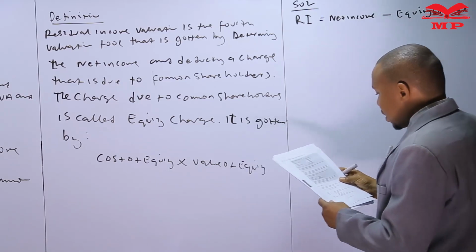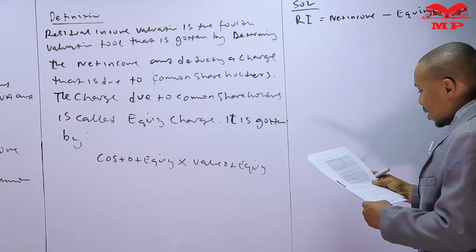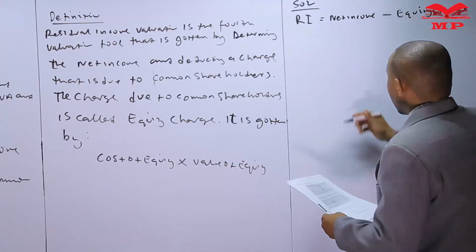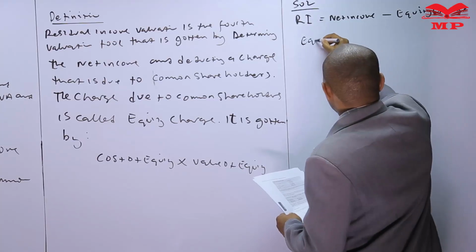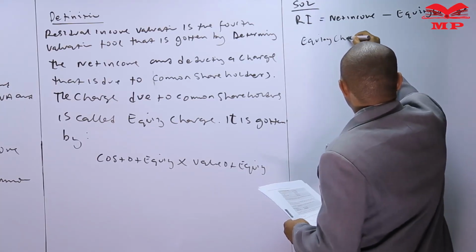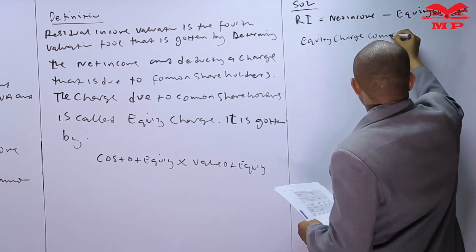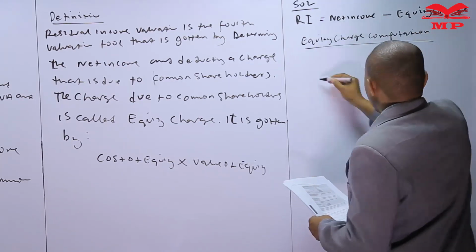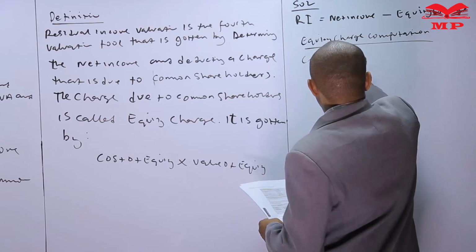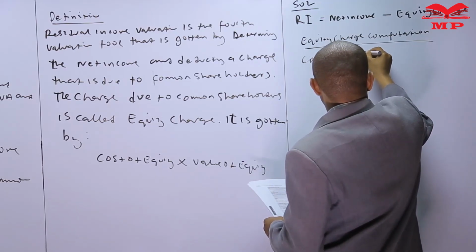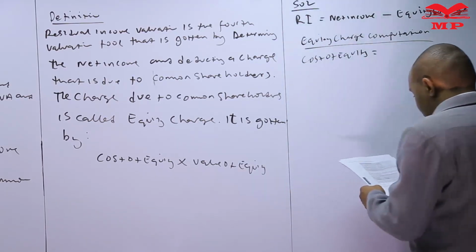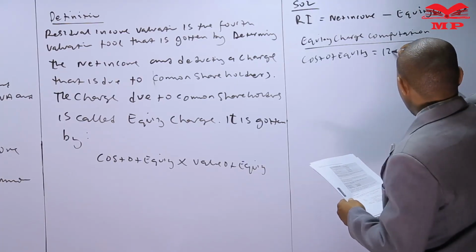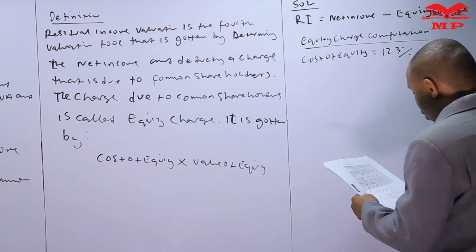Now we need to get the equity charge. The equity charge is just the cost of equity, which we've done over here, times the value of equity. So, the equity charge computation: the cost of equity is 12.3%. You can see we've already been given that value.